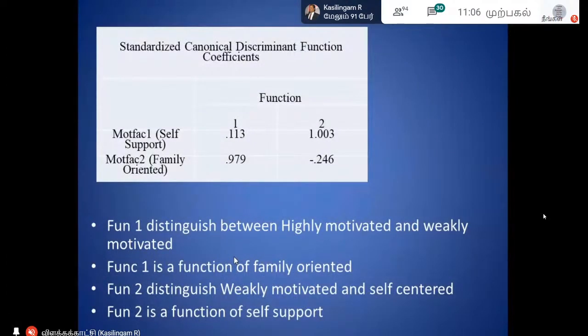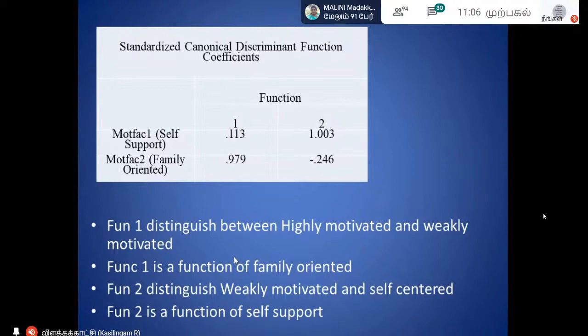The influence of family-oriented motive is more on function 1.